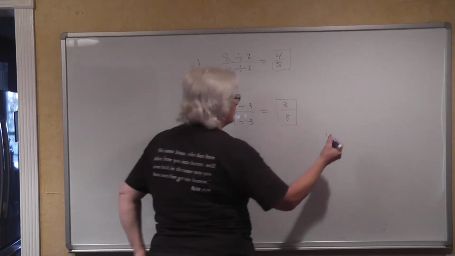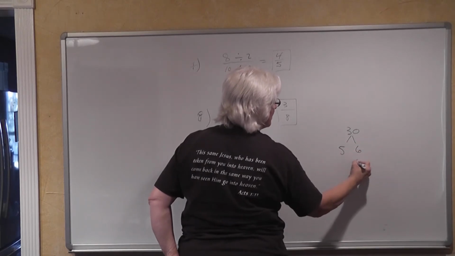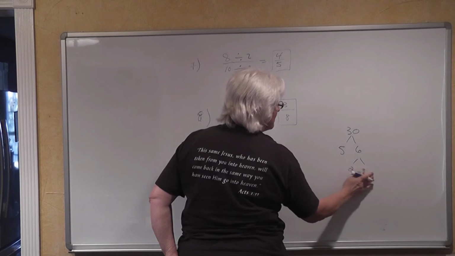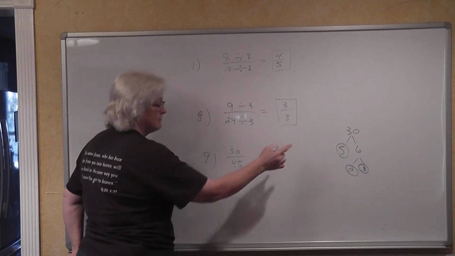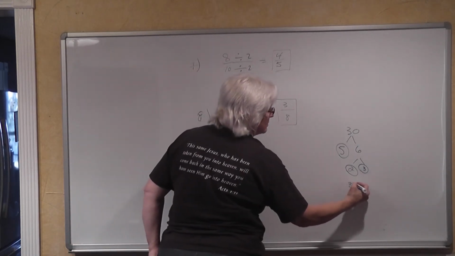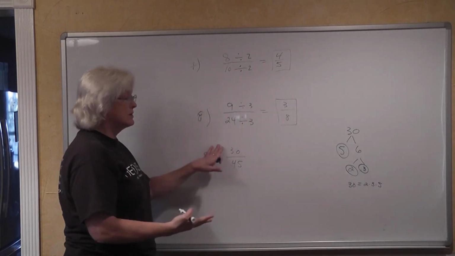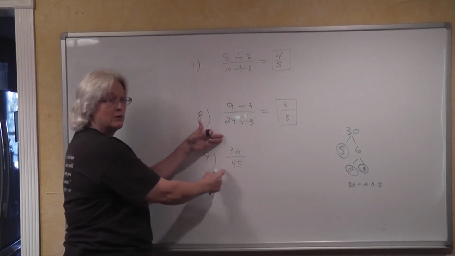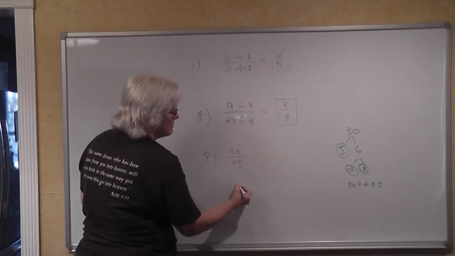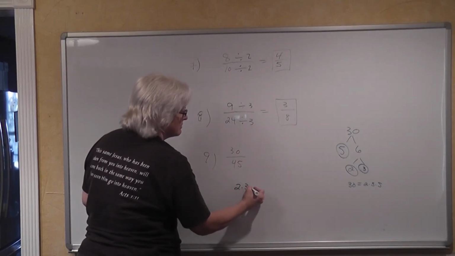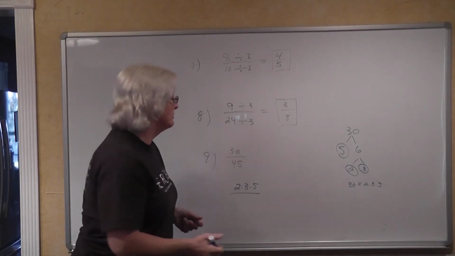So if we prime factor 30, using a factor tree, there are any number of different ways that you could come up with the prime factorization of 30, but you would have 30 being equal to 2 times 3 is 6 times 5 is 30.